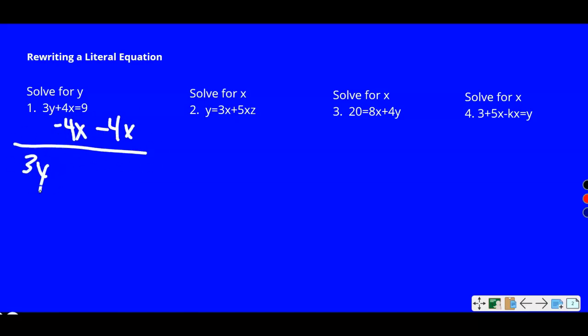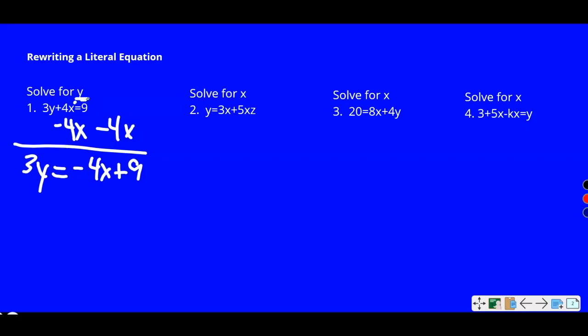So we have 3y equals, and then we already have a 9, but we can't combine the 9 with a number with an x. So let's write down negative 4x and then just add 9 on the end. We're putting this in the form that we will most often see it, which is the variable first and the constant last. We're still solving for y.